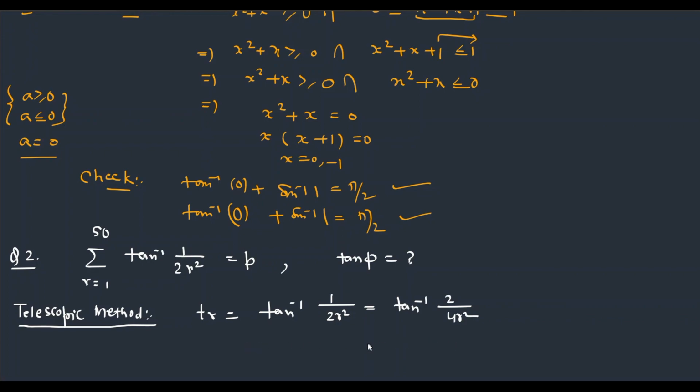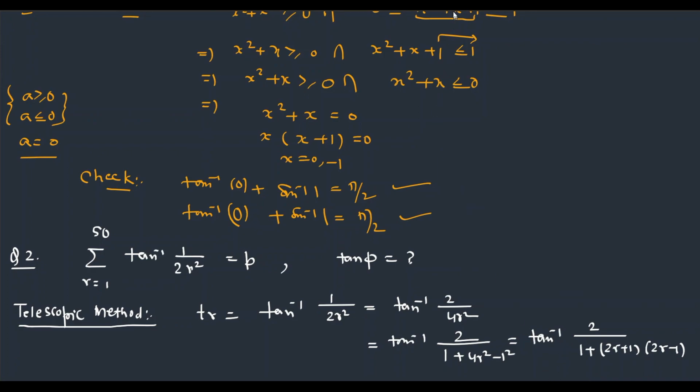Now this will be equal to tan inverse of, in the tan inverse formula, 1 is required in the denominator, 1 plus something, so it will be 1, suppose plus 4r square minus 1, it is 2. So plus 1 minus 1 cancel out. It will be tan inverse of 2 by 1 plus this 4r square minus 1 square, we apply the formula, 2r plus 1, 2r minus 1.